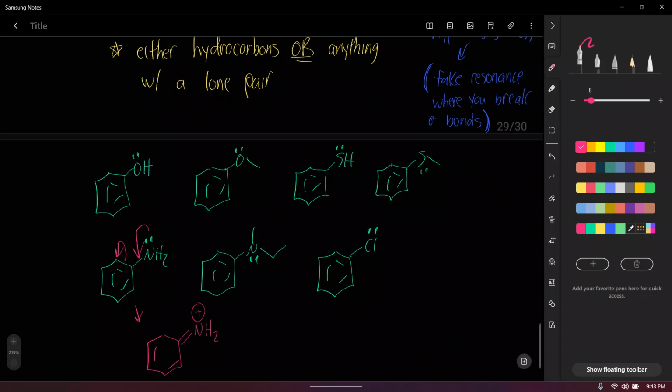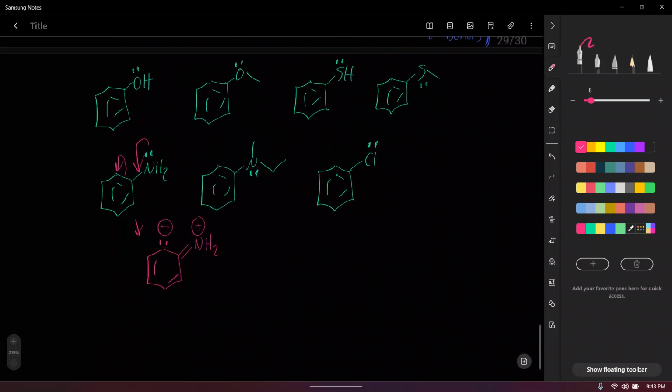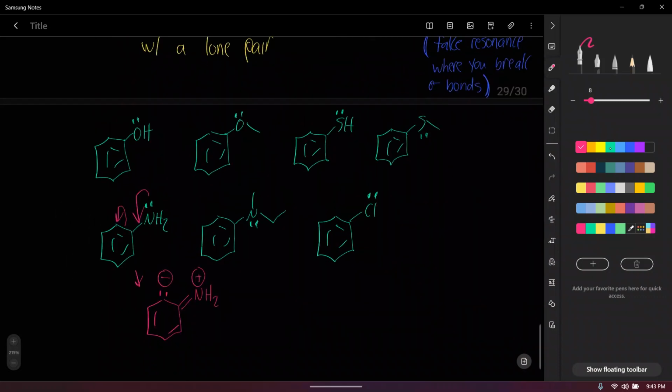Hopefully you can see that the resonance structure looks like this. Again, all of the green ones are going to be ortho-para directors because they have lone pairs. And even though it doesn't have a lone pair, hydrocarbons are also ortho-para directors because of hyperconjugation.